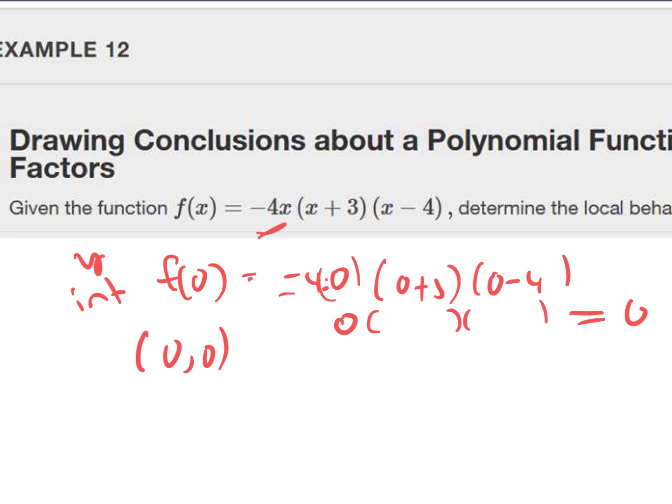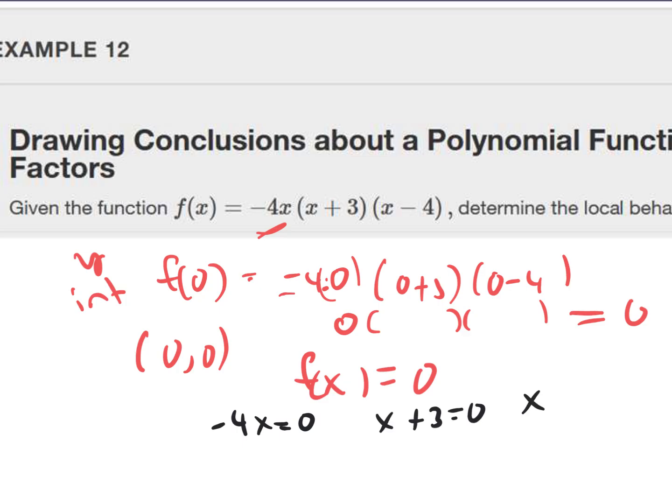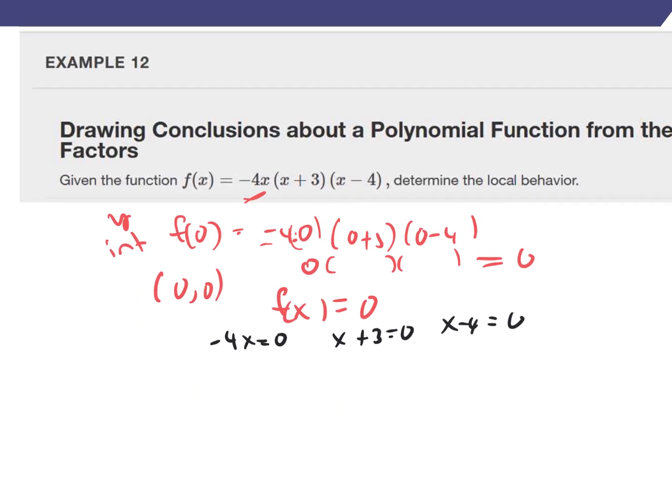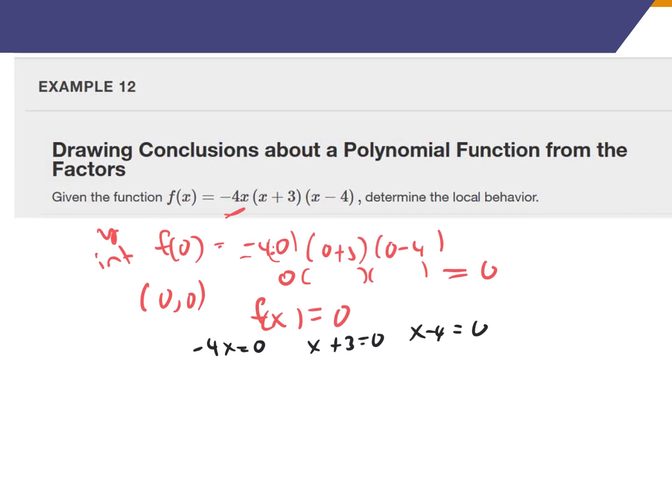X-intercepts happen when f of x is 0. So -4x could be a 0. X plus 3 could be a 0. X minus 4 could be a 0. With that being said, one of my x-intercepts is 0.